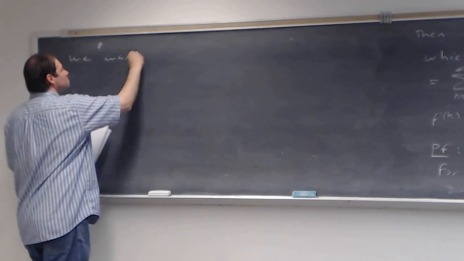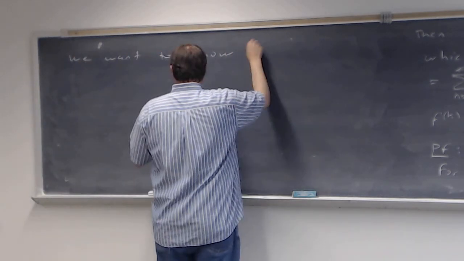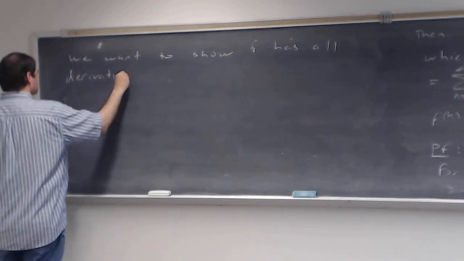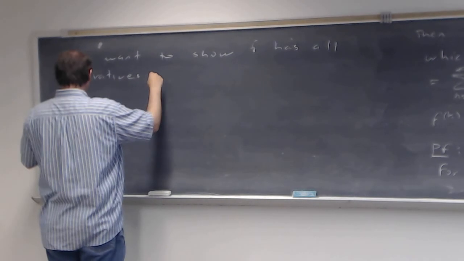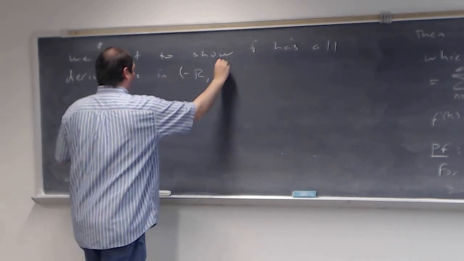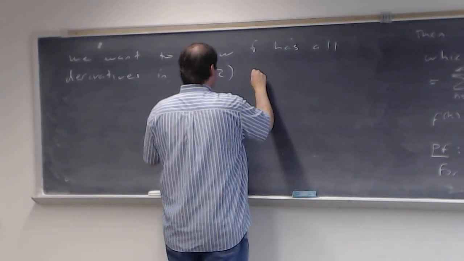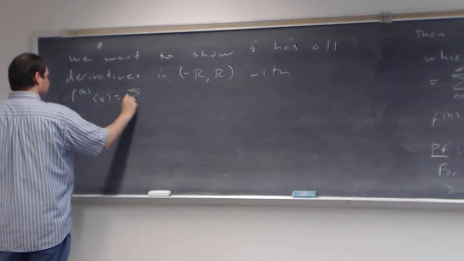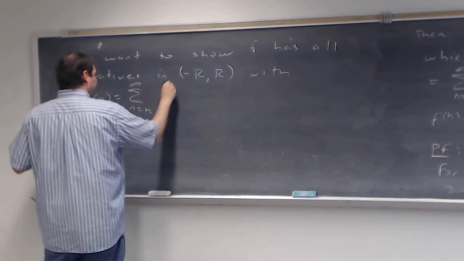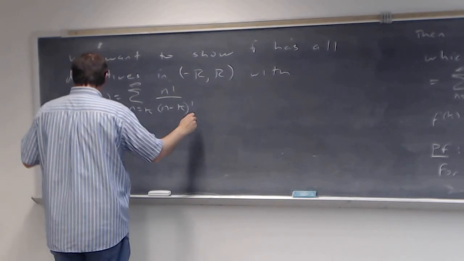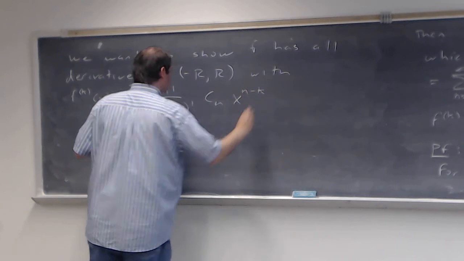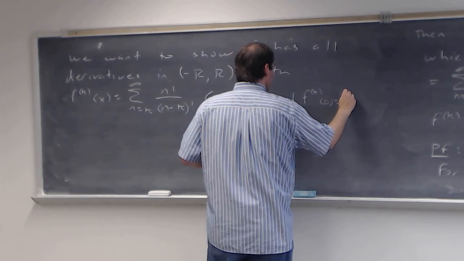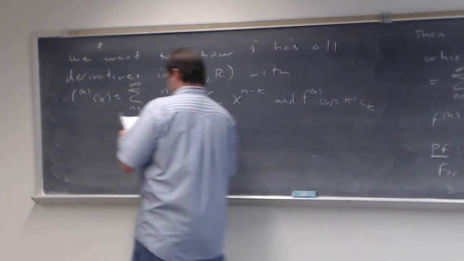We want to show f has all derivatives on the interval from negative r up to r, with the kth derivative at the value x equal to this sum as n runs from k to infinity of n factorial over n minus k factorial c sub n x to the n minus k, and the kth derivative evaluated at 0 is equal to k factorial times c sub k.